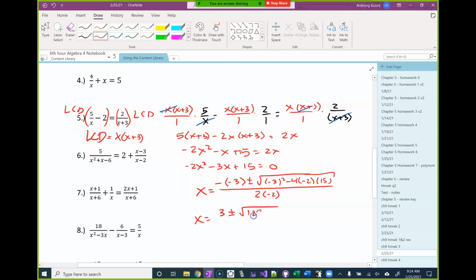So that's 129 over negative 4. And 129 can't be simplified anymore, so that's as good as I can really do. And I just boxed that up without even bothering really to go and check it.